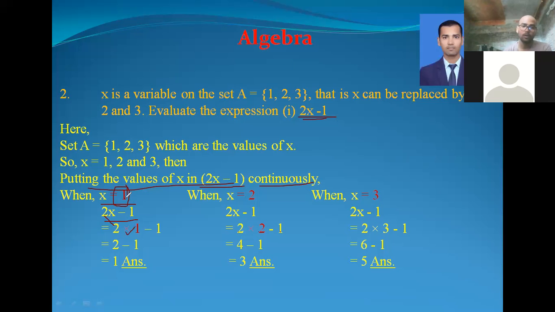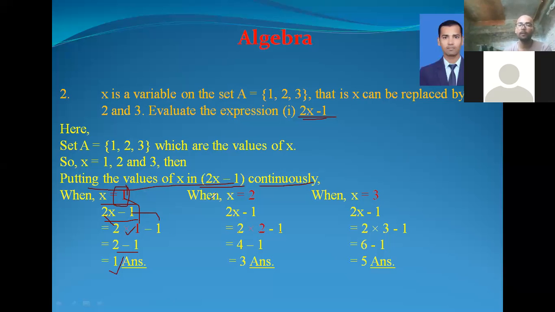So the value of x is 1, that's why you can see both are in red color. That's why 1 is replaced at the place of x. So 2 into 1 and minus 1. Then 2 into 1 is 2, and minus 1. After subtracting 1 from 2, we got 1 as the answer.